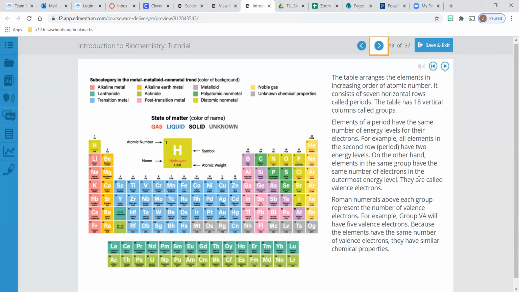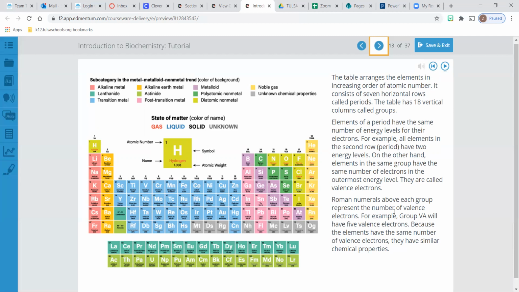Elements of a period have the same number of energy levels for their electrons. For example, all elements in the second row, which is what we call a period, have 2 energy levels.